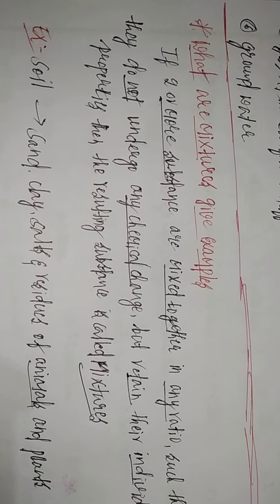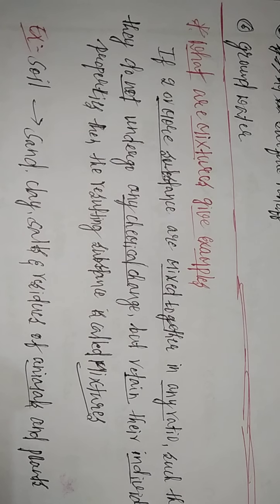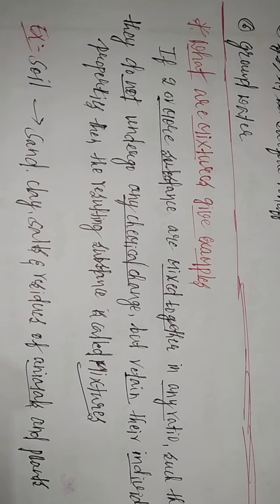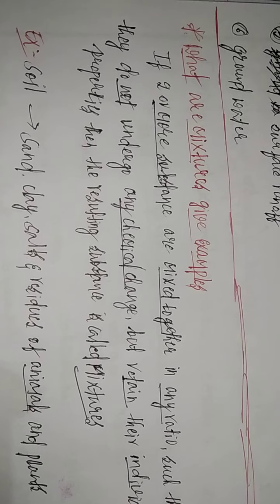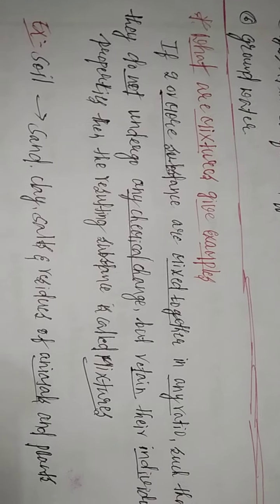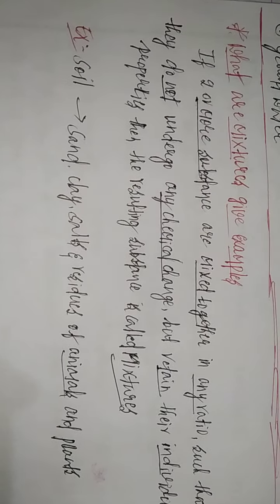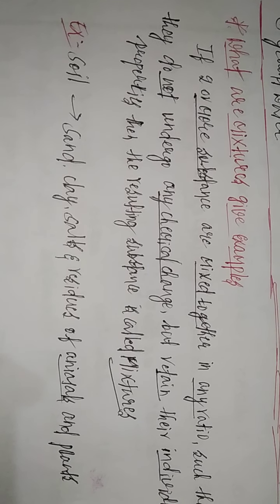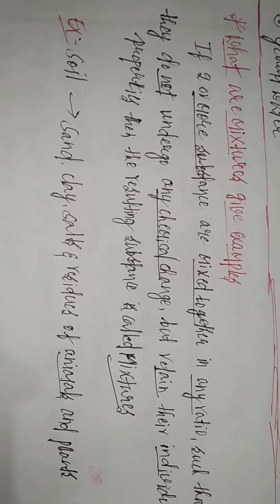If two or more substances are mixed together in any ratio such that they do not undergo any chemical change, but retain their individual properties, then the resulting substance is called a mixture. Example for a mixture: soil. Here soil is a combination of sand, clay, salts and residues of animals and plants.